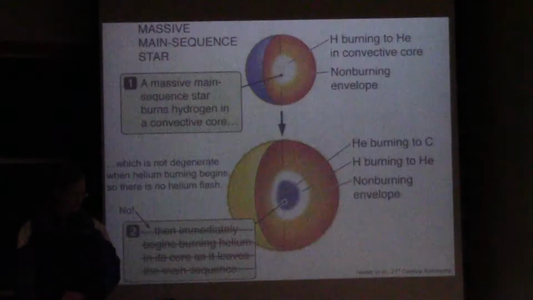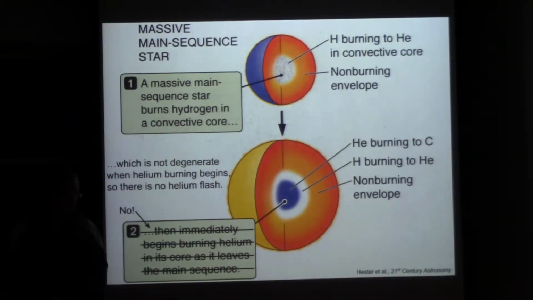Okay? So, let's look at the evolution of a massive main sequence star. It begins similarly to a low mass star. A massive main sequence star burns hydrogen in a convective core. Remember that the cores of high mass stars are convective and the envelopes are radiative, which is flipped around from low mass stars, where the core is radiative and the outer envelope is convective.